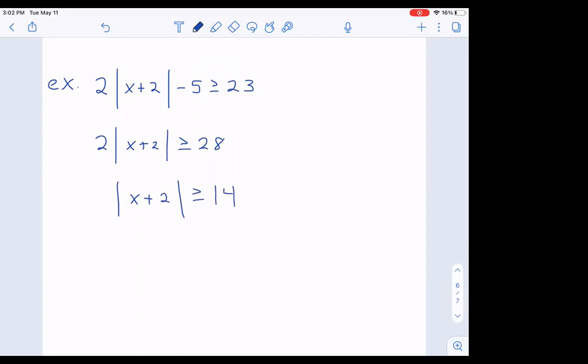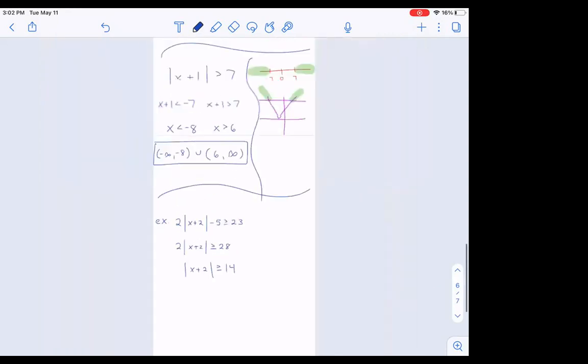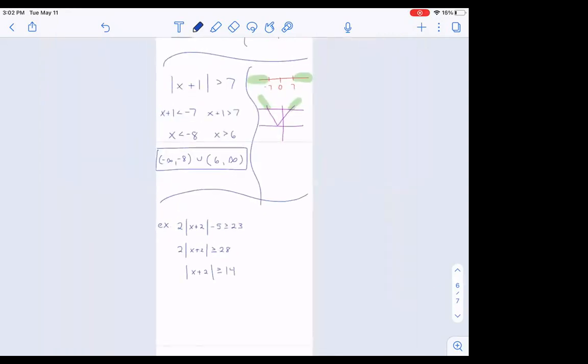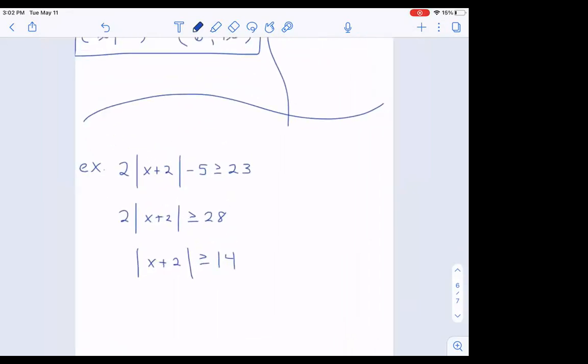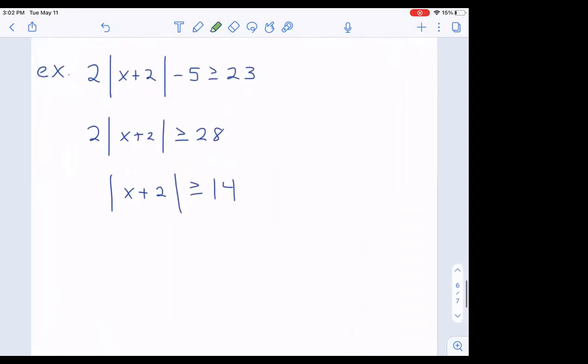And now it's just like the problems we were previously doing, where the absolute value is by itself. You're talking about distances more than or equal to 14 away from 0.